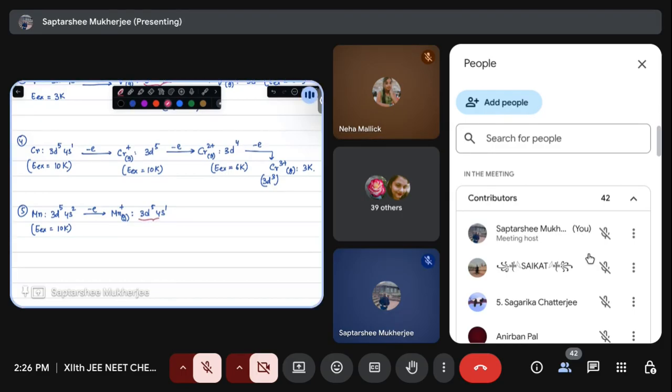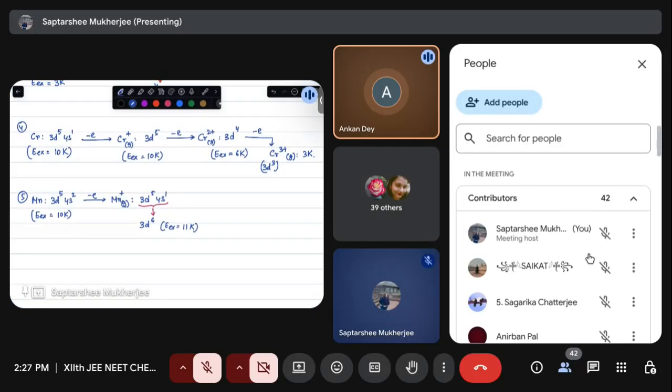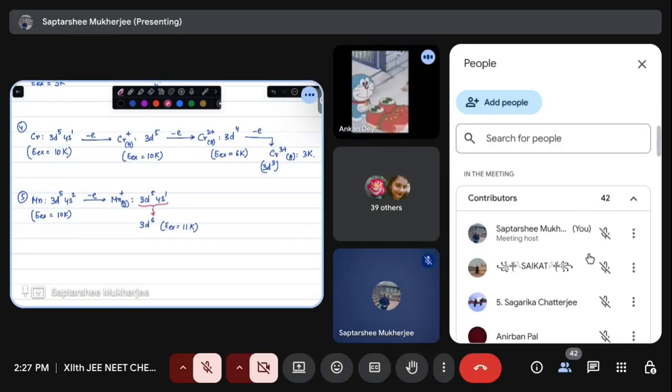But what will it do? It will submerge into 3d. If it does convert into 3d6, then its exchange energy is 11K.